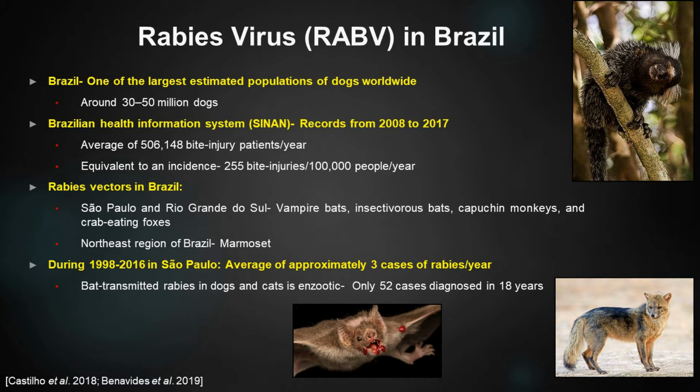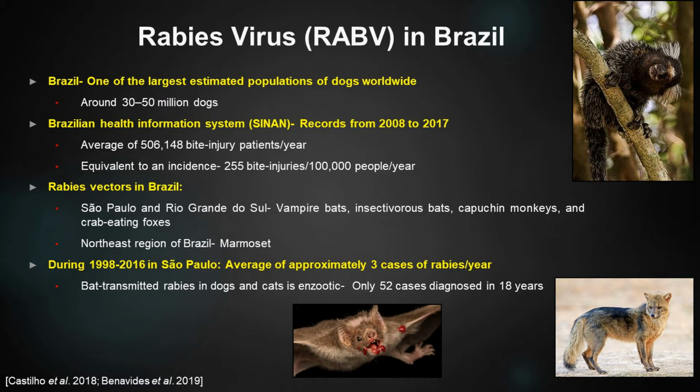The rabies vectors in Brazil, especially in Sao Paulo and Rio Grande do Sul, are vampire bats, insectivorous bats, capuchin monkeys, and crab-eating foxes. In the northeast region of Brazil, the marmoset is the vector.